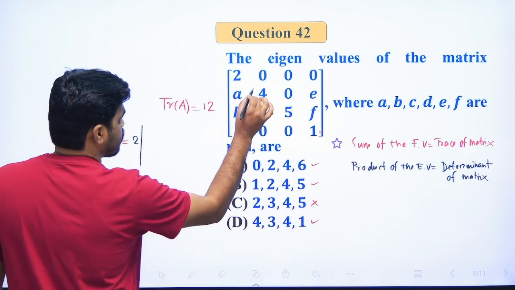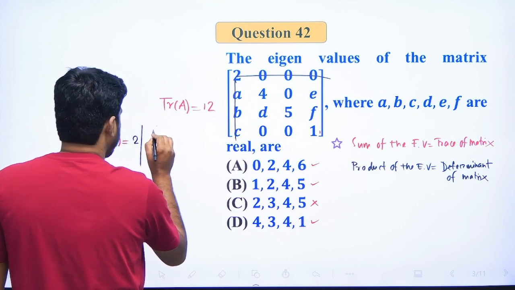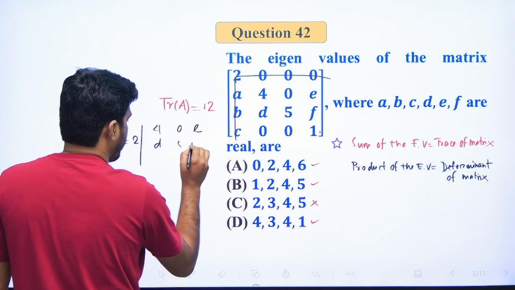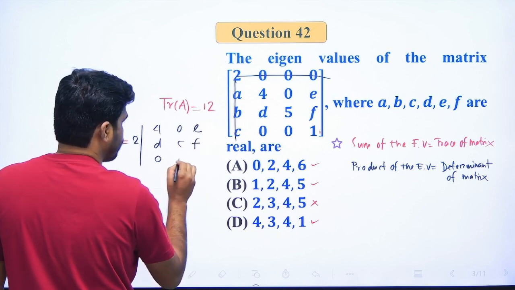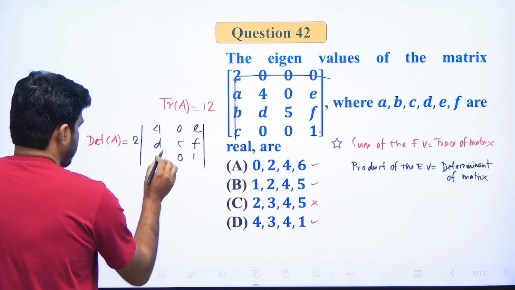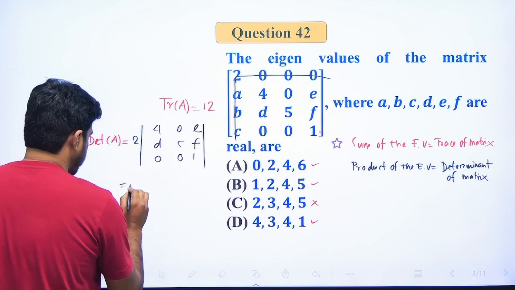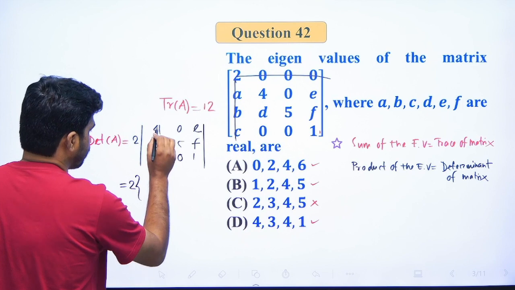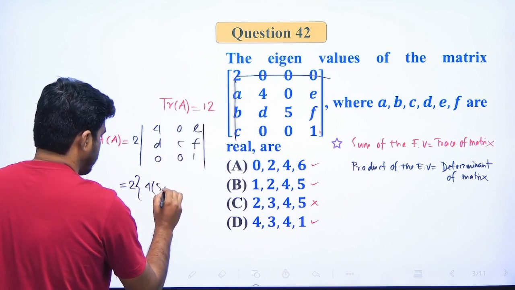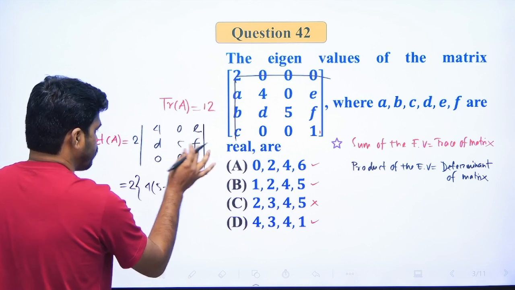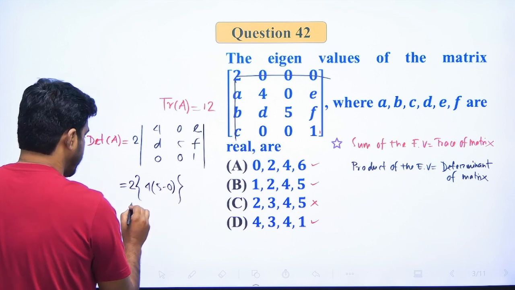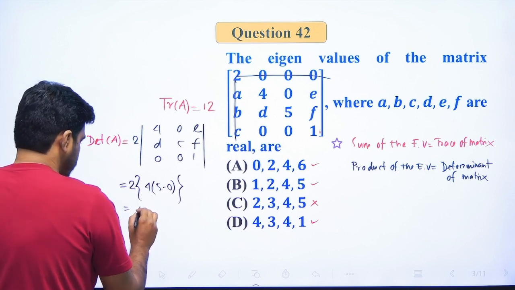into the determinant of the 3 by 3 matrix 4, 0, E; 0, 5, F; 0, 0, 1, right? So what do we get? This equals 2 into 4 into 5 minus 0, 0 into, that means this is 0, plus E into this is 0, so ultimately we get 40.